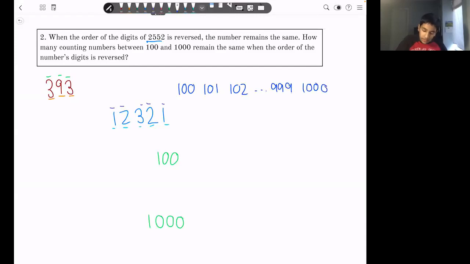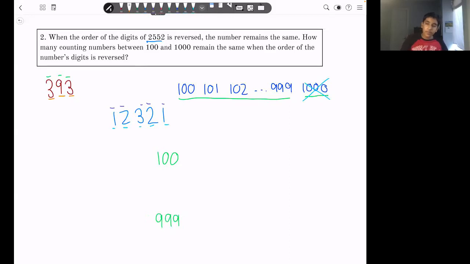So we really see that this is just the 3-digit numbers plus 1000. And 1000 is not a palindrome, right? Because if we read it backwards, it's 0001. And 0001 is not the same as 1000. So 1000 doesn't work. So now really all we have to find is the number of 3-digit numbers that are palindromes. So from 100 to 999.